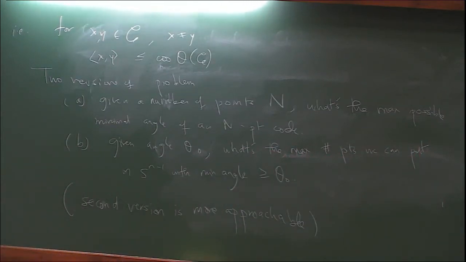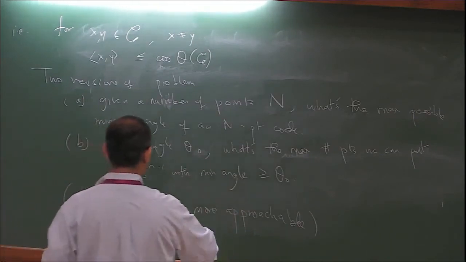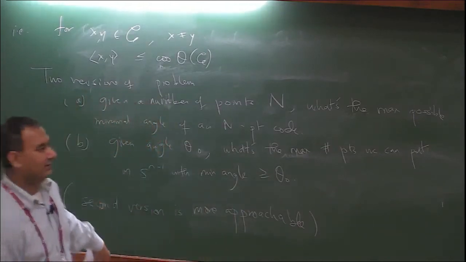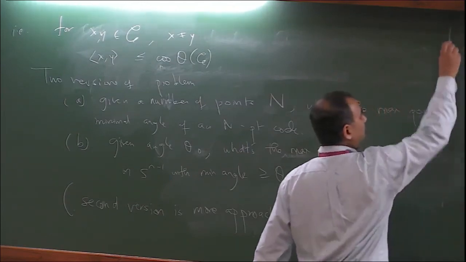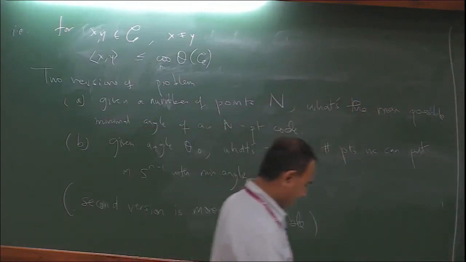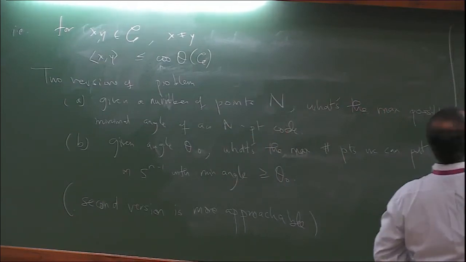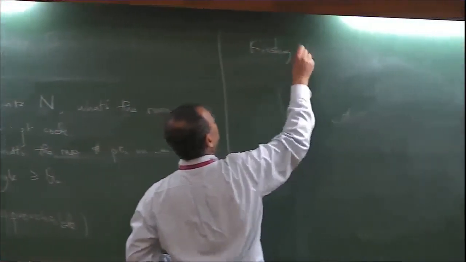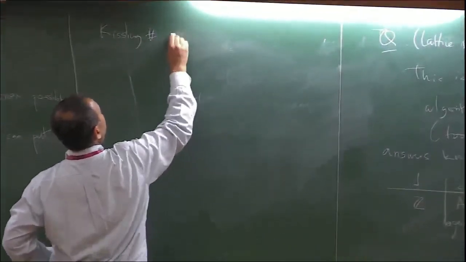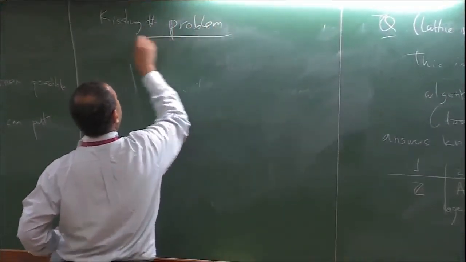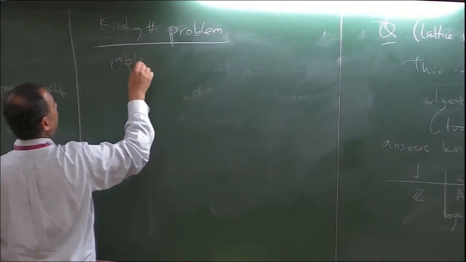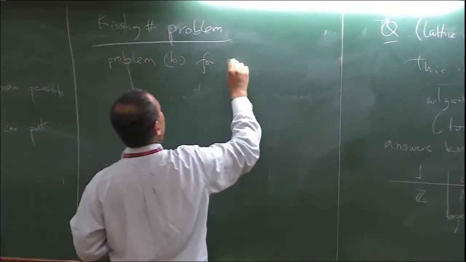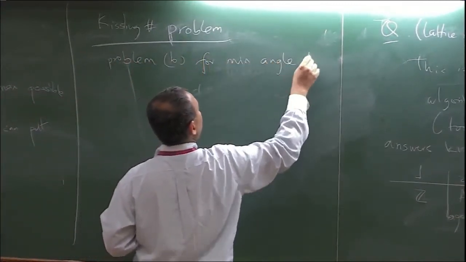Let me just say, one particular version of the spherical code problem, problem B, has also been studied for some time. That's called the kissing number problem, which is problem B for minimal angle pi over 3.